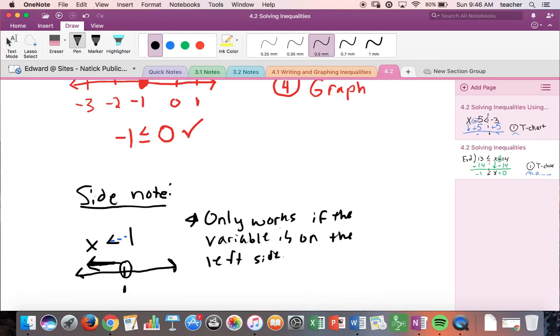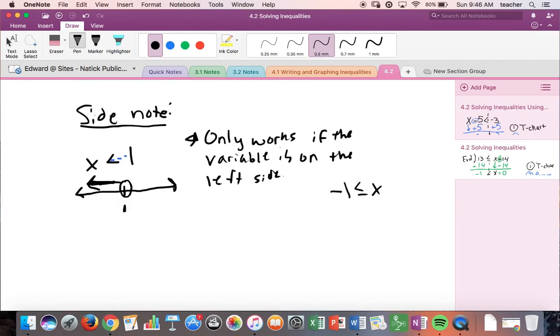For instance, the solution that we had up top was -1 less than or equal to x. If you tried to graph this using that same method, we put -1 in the middle.